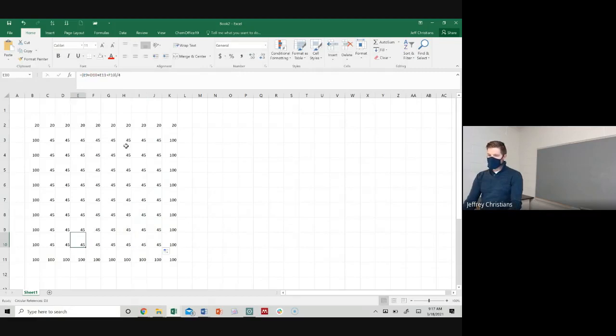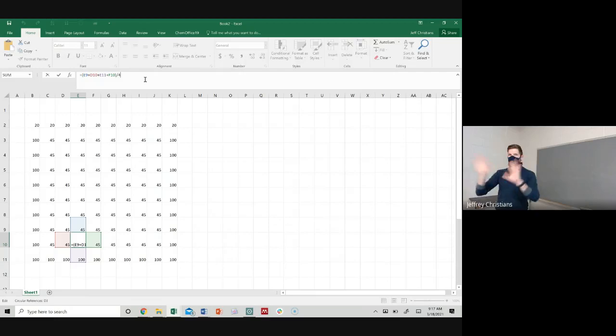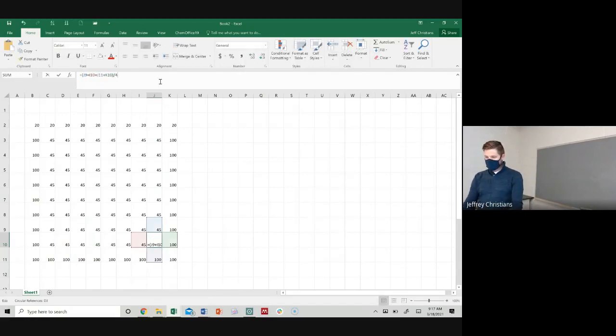So I can just click and drag for these interior nodes, and Excel will handle the math for the cell references for me pretty well. So this is the 4 around it. This is the 4 around it. So I now have the boundary conditions all set up, constant temperature. I have all of these interior nodes set up.